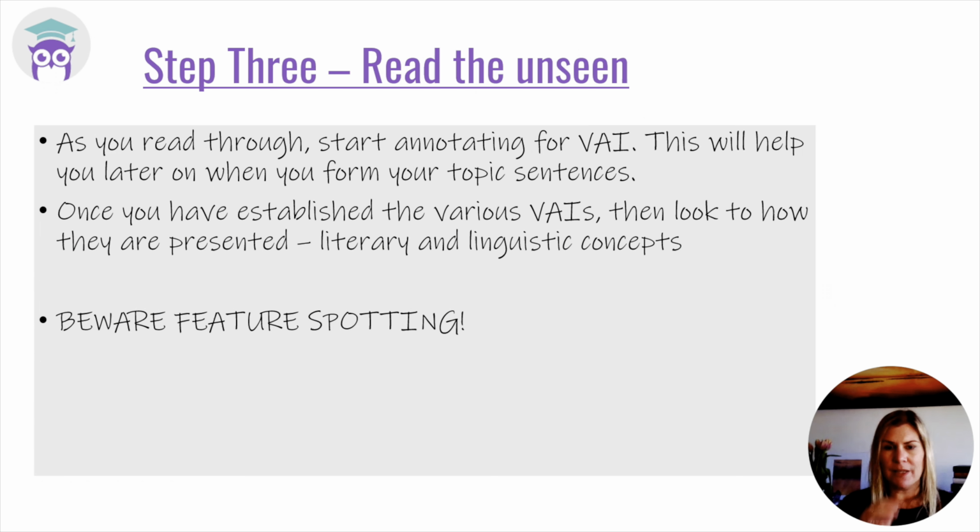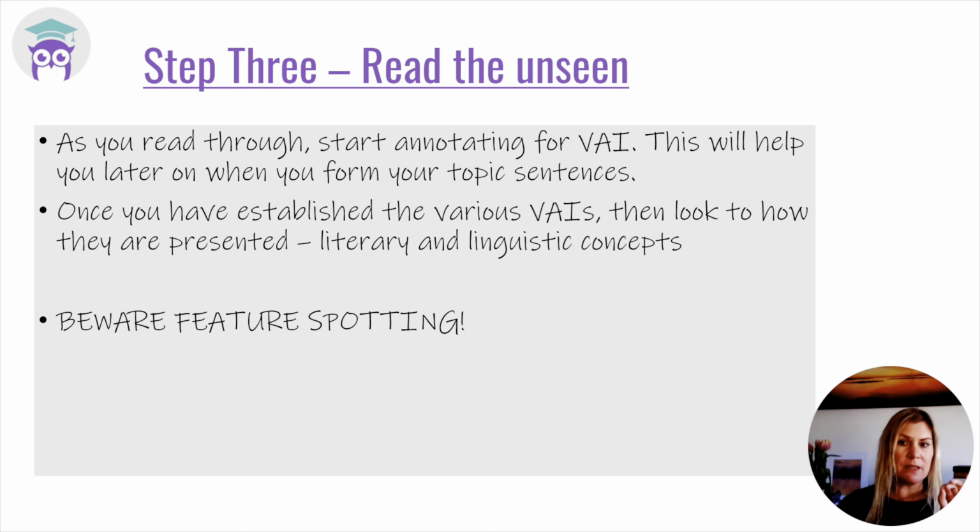Okay. The next thing you're going to do is, of course, actually read the unseen, and then all of the questions that you've been asking yourself, hopefully you'll answer. Now, some people like just to read it through once without making any annotations. That's fine if that's your way. Some people are already armed with a highlighter or a pen to start picking things out. But when you're doing your reading and your first annotation, what you should be picking out is not devices.